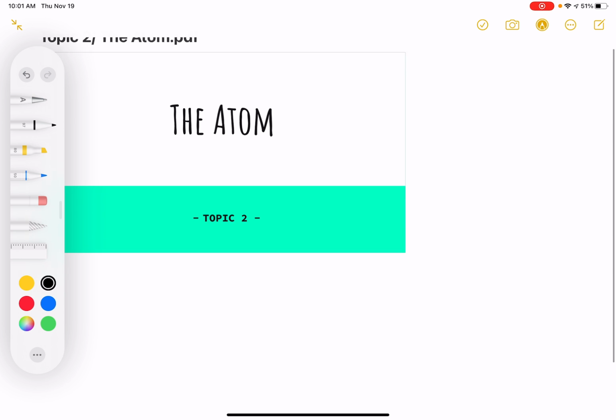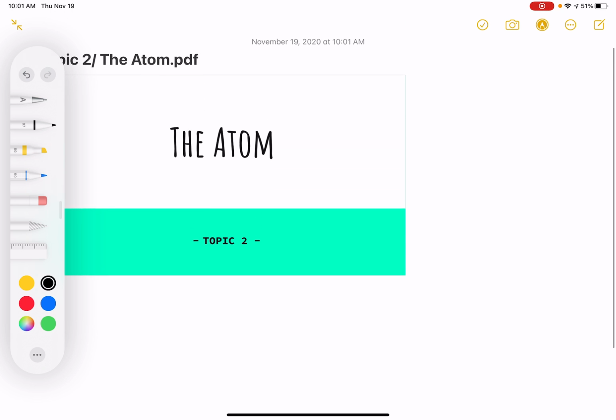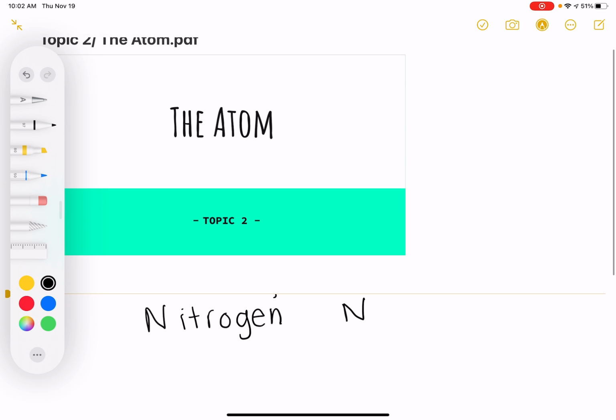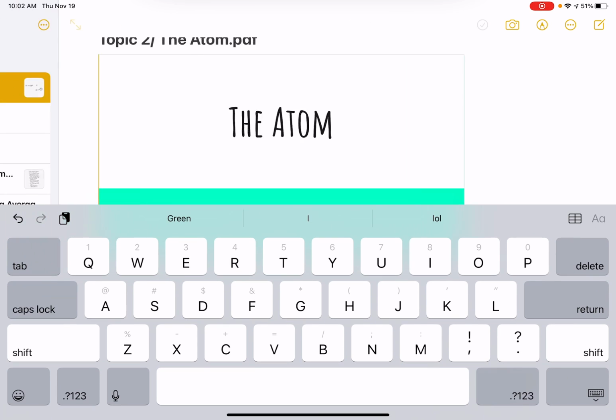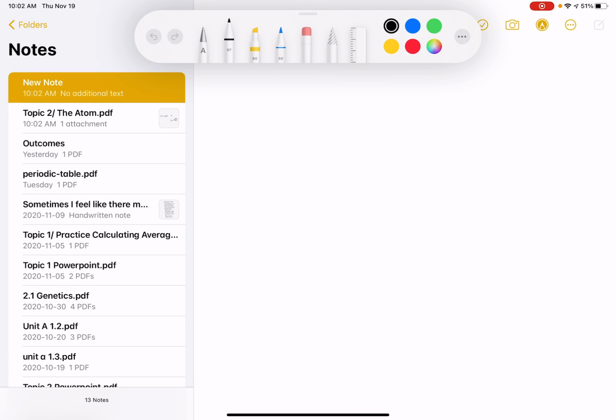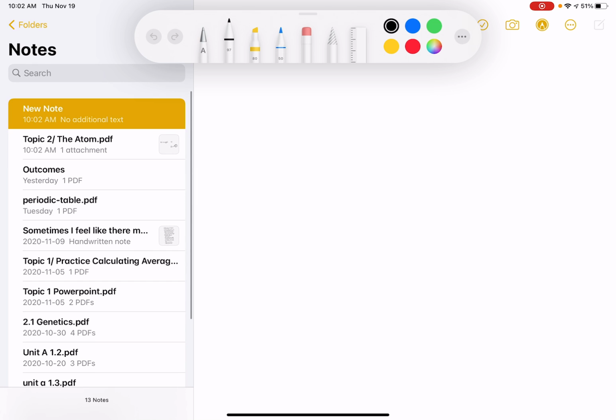Nitrogen is the letter N. If I start drawing, this may not be the best place to draw this. Just let me open a new note.